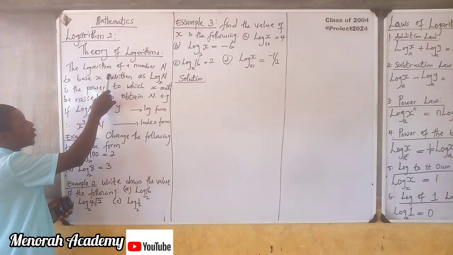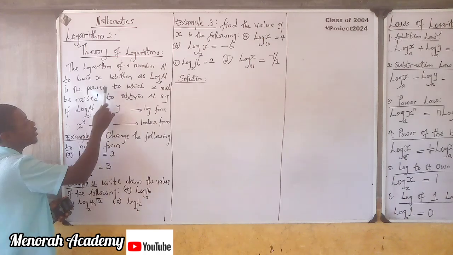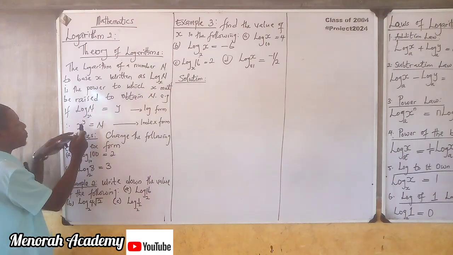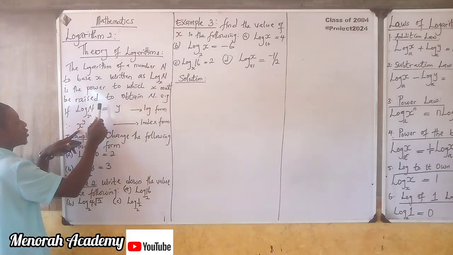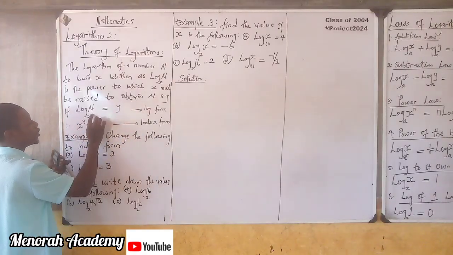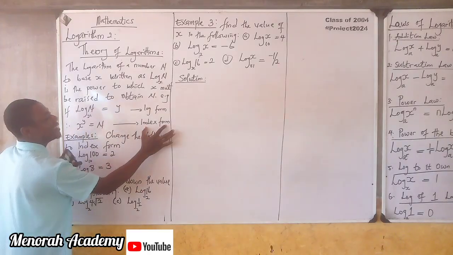Now, the definition of this logarithm is what we have here in summary. The log of a number n, to the base x, is the power to which x must be raised to obtain n. So the definition of a logarithm is just the index form of it.